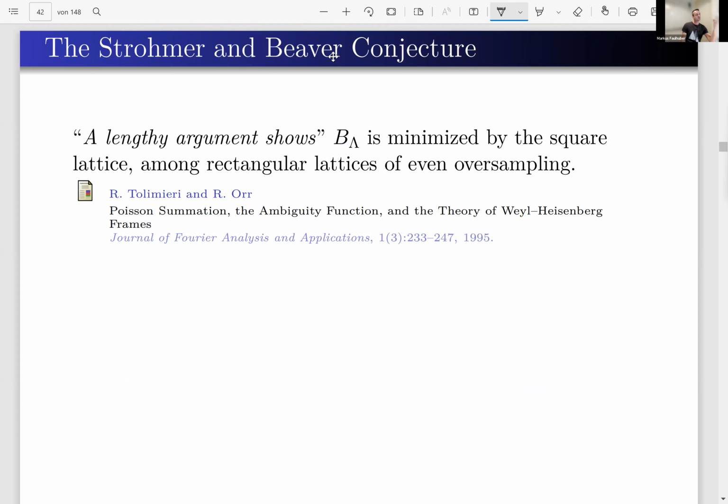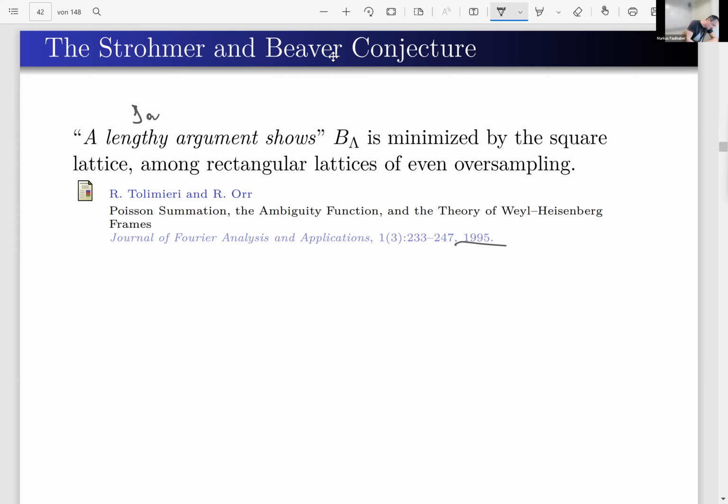There have already been some investigations in this direction about minimizing the upper frame bound, a couple of years before the work of Thomas and his student. For example, this is found in Tolmieri and Orr, where they say a lengthy argument shows that B lambda is minimized by the square lattice among all rectangular lattices of even oversampling, so of even density.